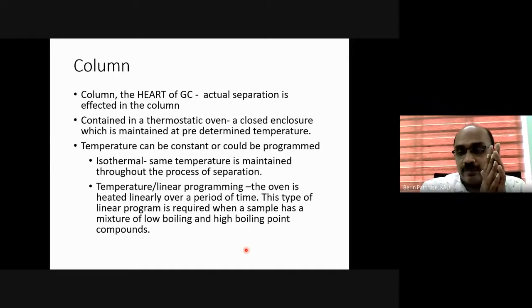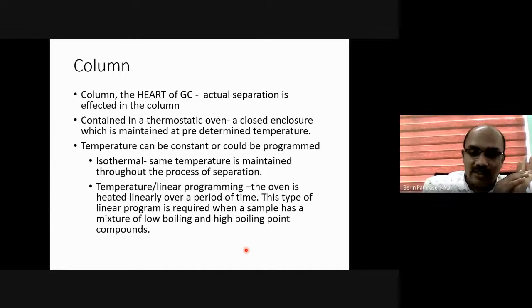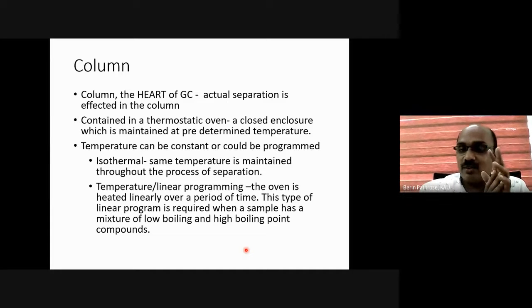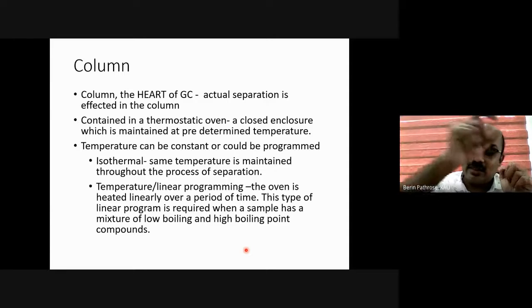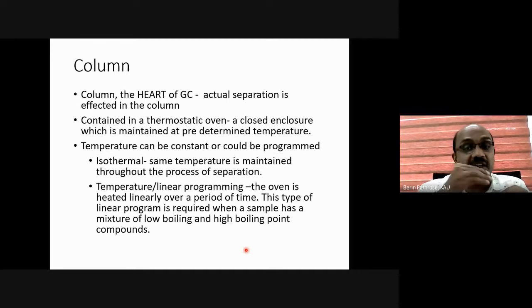So altogether 10 minutes are over. Then raise the temperature to 200 degrees Celsius and keep it there for 10 minutes, so 20 minutes are over. Then raise it to 250 degrees Celsius till the 25th minute, and after the 25th minute, maintain it at 300 degrees Celsius. Like that, we can program.